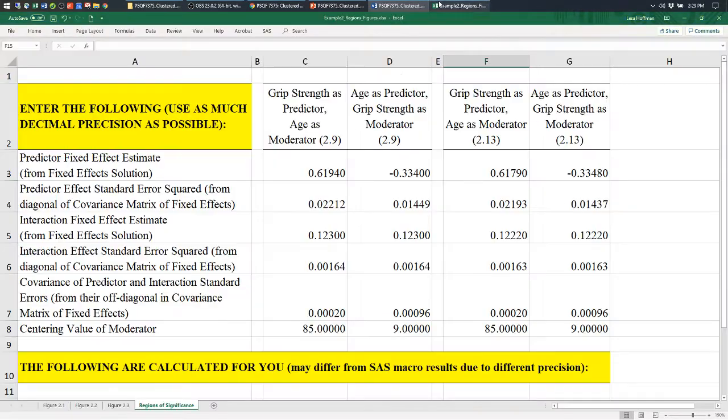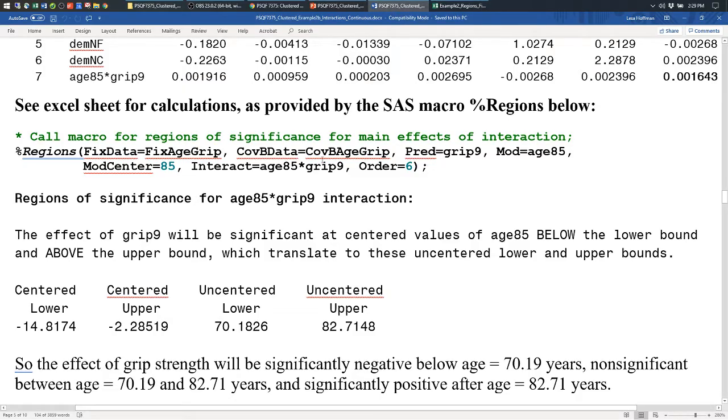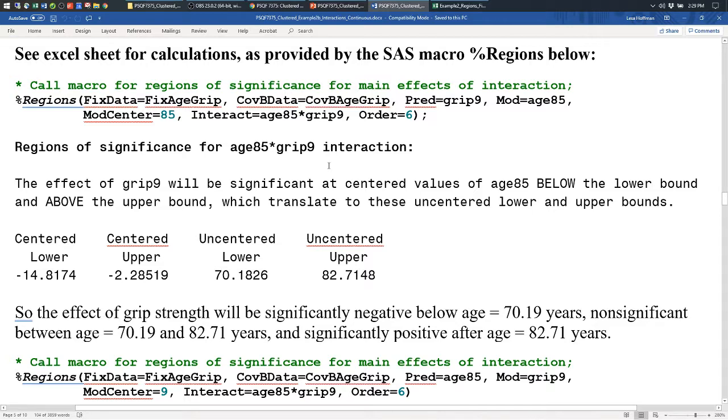So the output then calculates the regions of significance for the centered variable as well as the uncentered variable. Go back to the handout here where I have it translated. For instance, if I'm focusing on grip strength as the predictor and age as the moderator, these are the boundaries that I found.